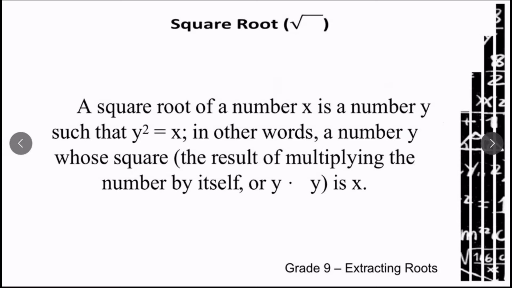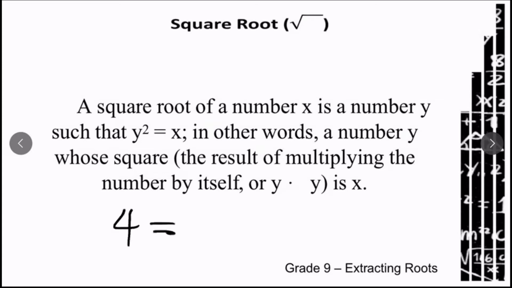In other words, for us to solve the square root of a certain number, we need to think about a perfect square. A perfect square is a number which is the product of two of the same number. For example, 4 is a perfect square.